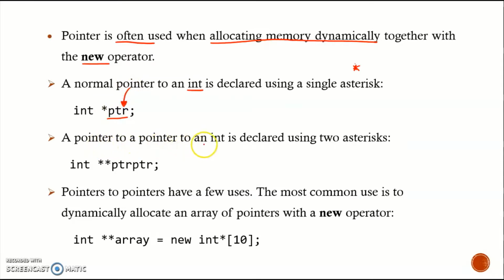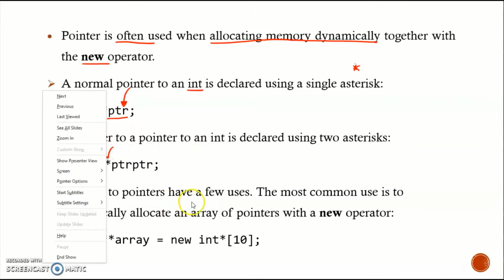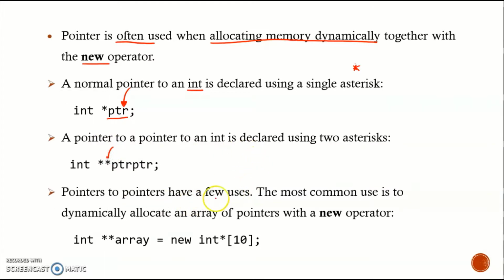If you have a pointer to a pointer, then you use two asterisks. Okay, pointer to pointer has few uses. The most common use is to dynamically allocate an array of pointers with the new operator.